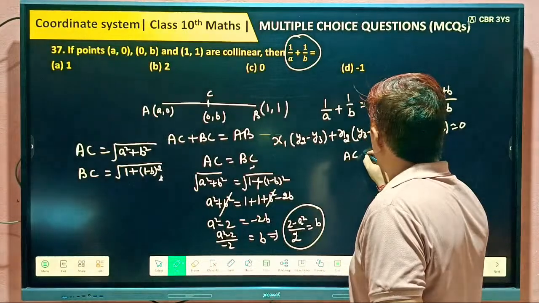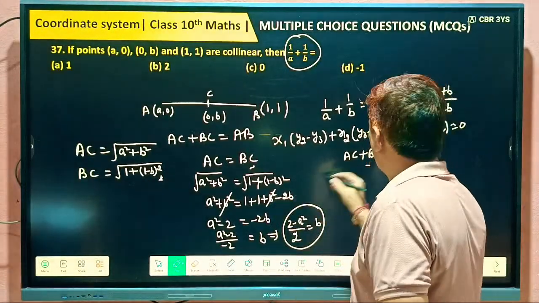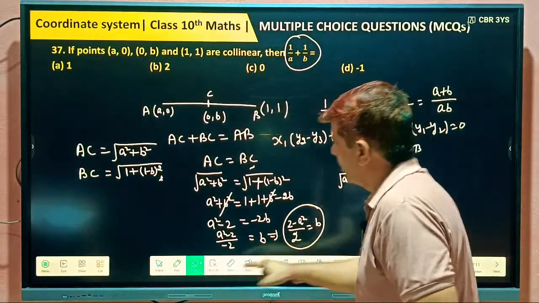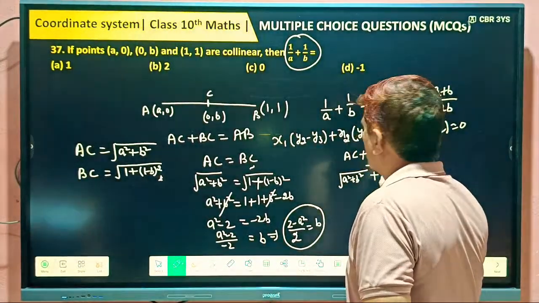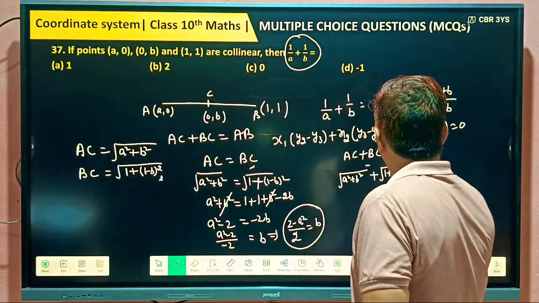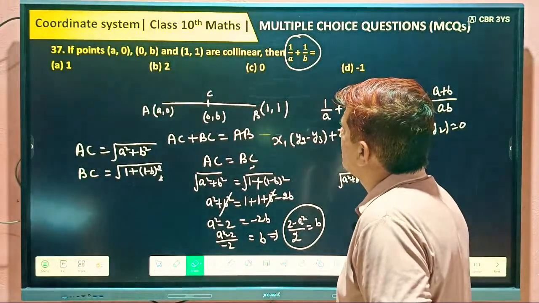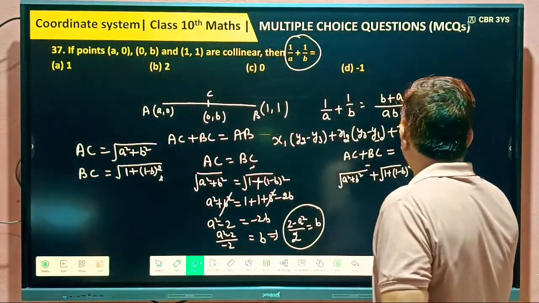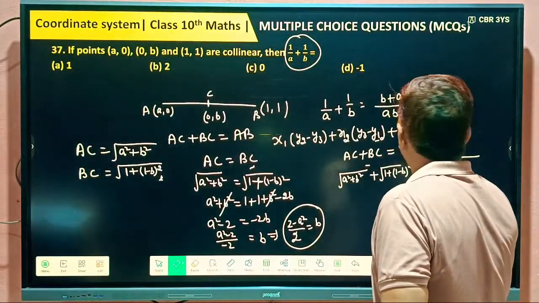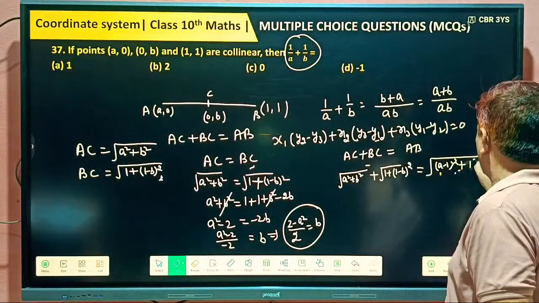AC plus BC is equal to AB. This we know: under the root A square plus B square plus under the root 1 plus 1 minus B whole square is equal to AB. AB is equal to what? Under the root A minus 1 whole square plus 0 minus 1, 1 square.